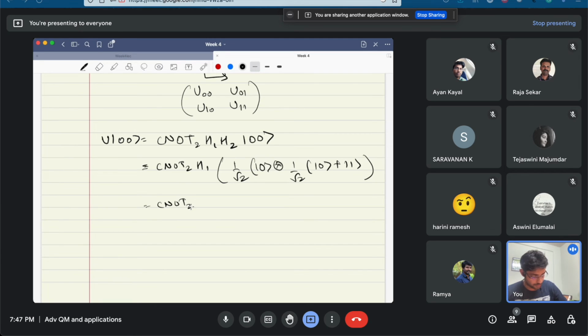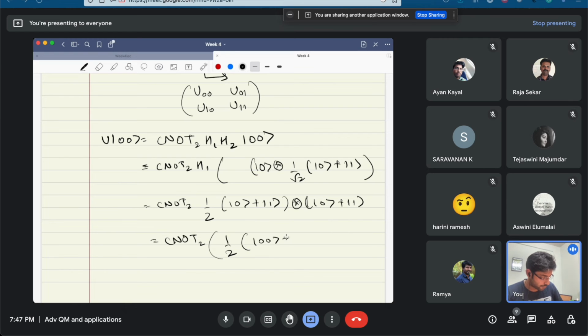Okay, so there is an extra root 2 here, so you will get a 1 by root 2 again from that one. Now writing the whole part, you have 00, 01, 10 plus 11.